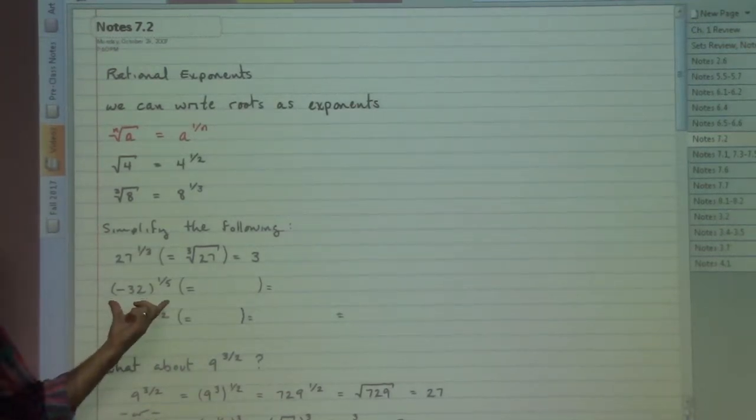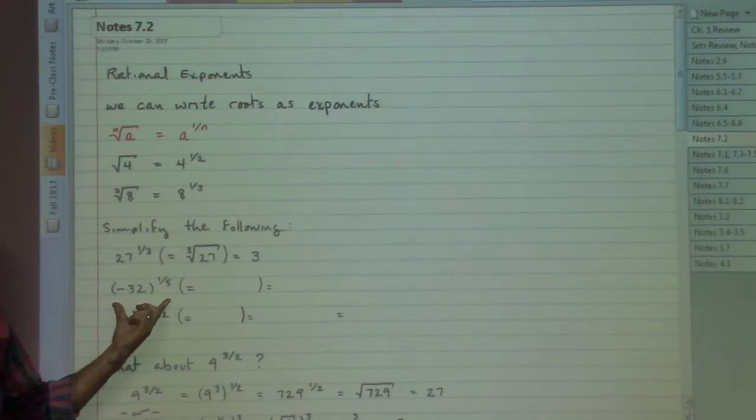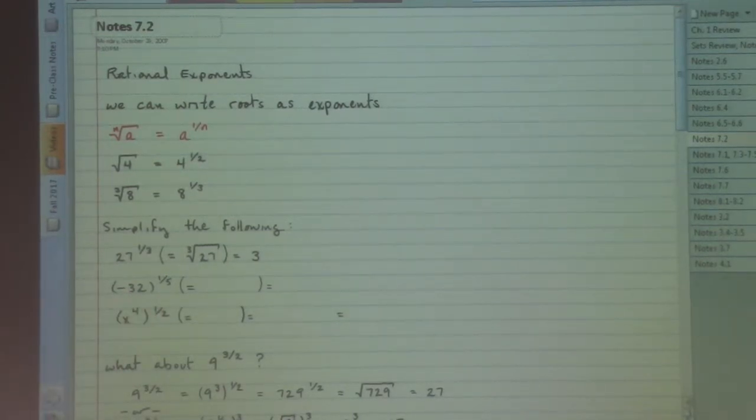And that would be even more so the case here. Not many of us would remember fifth roots, but when we've got that power of 1/5, a fifth root is exactly what we're building. So our fifth root here of -32.